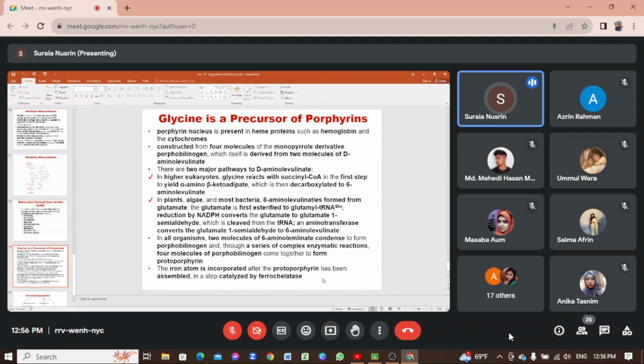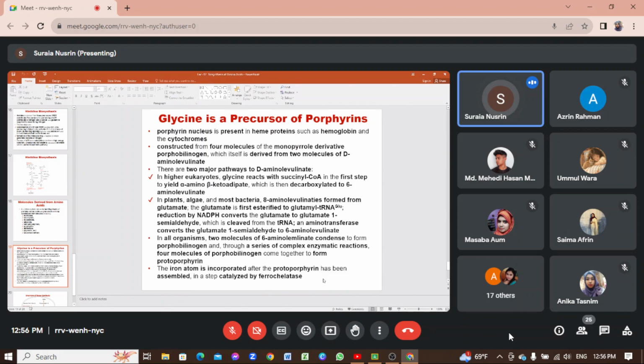In plants, algae, and bacteria, there are different precursors and a different pathway to produce aminolevulinate, and the precursor is glutamate, an amino acid.